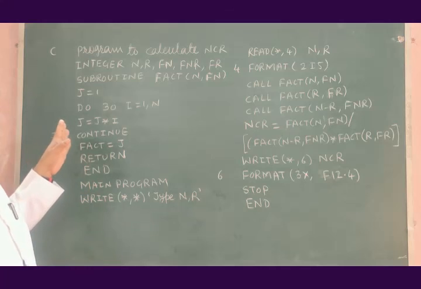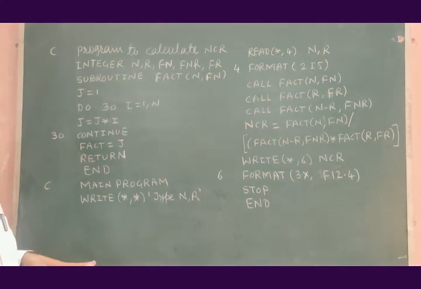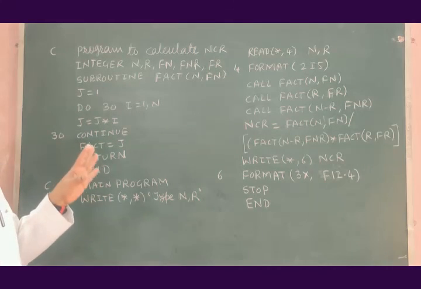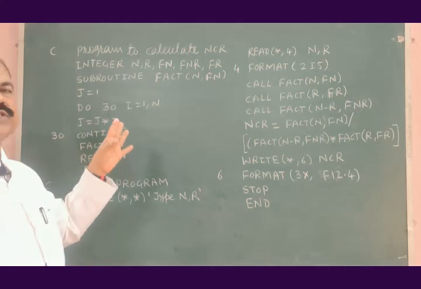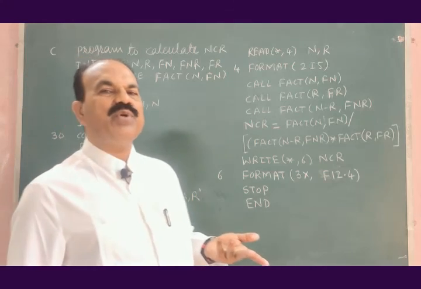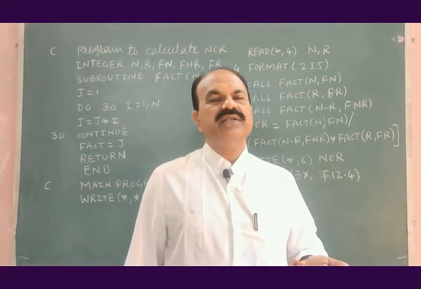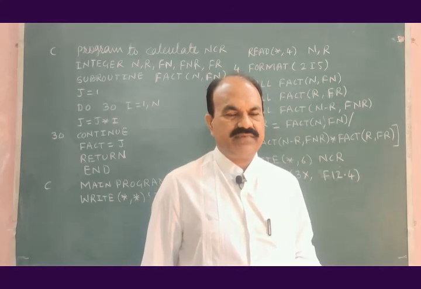This is very simple and written in such a way that you can easily understand this example, this program. Once you understood this program, it is easy to write any program using subroutine subprograms and call statements.